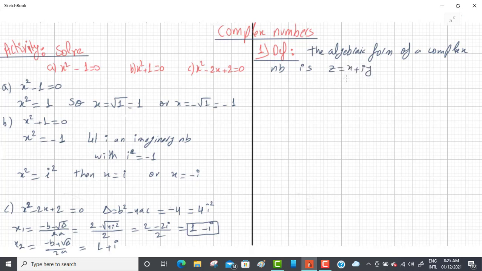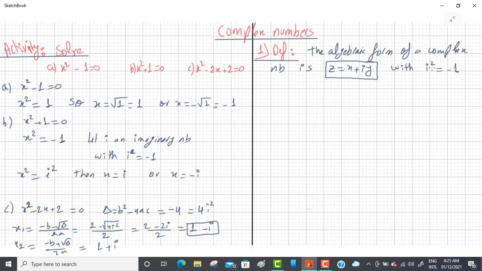We call this way of writing a complex number algebraic form because we do have other forms of writing a complex number that you are going to see in the next chapter. So z equal x plus iy with a very important condition: i squared always equal minus 1.